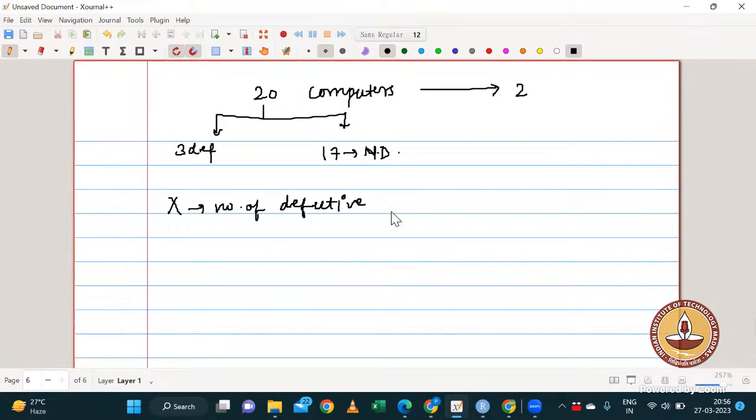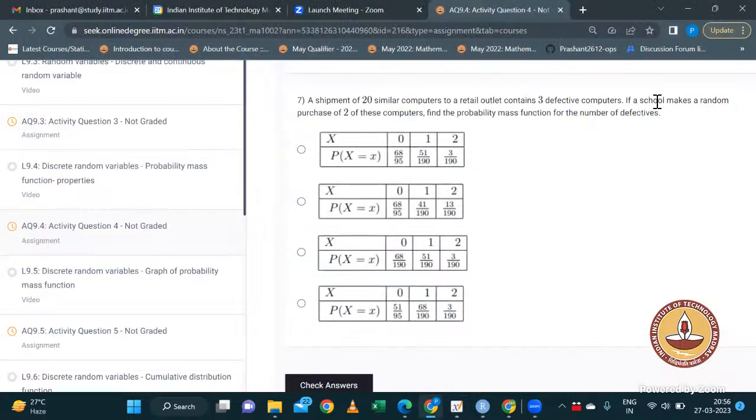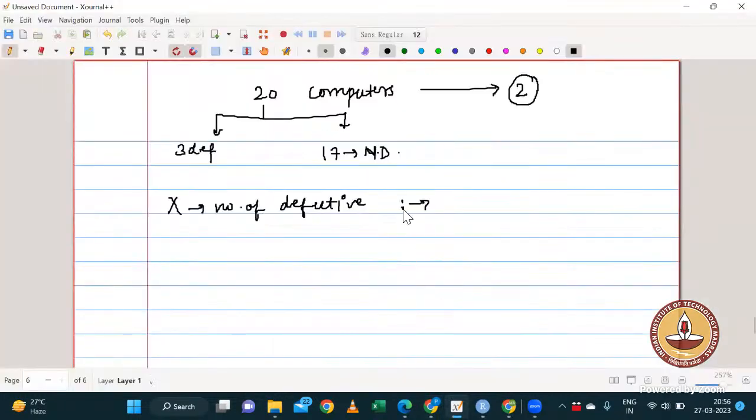So tell me, since we are purchasing 2 computers, what should be the possible values X takes? 0, 1, 2.